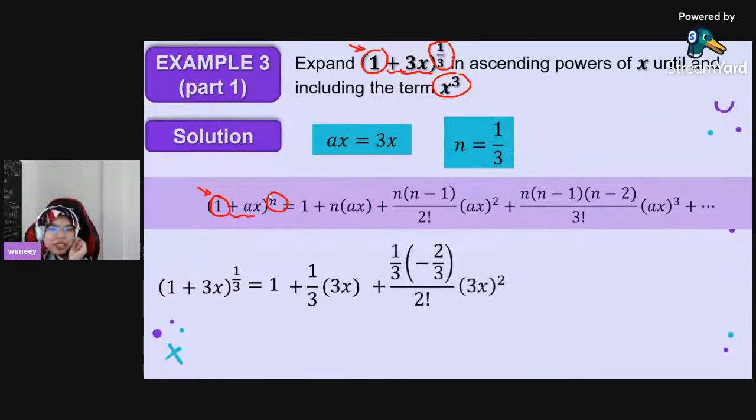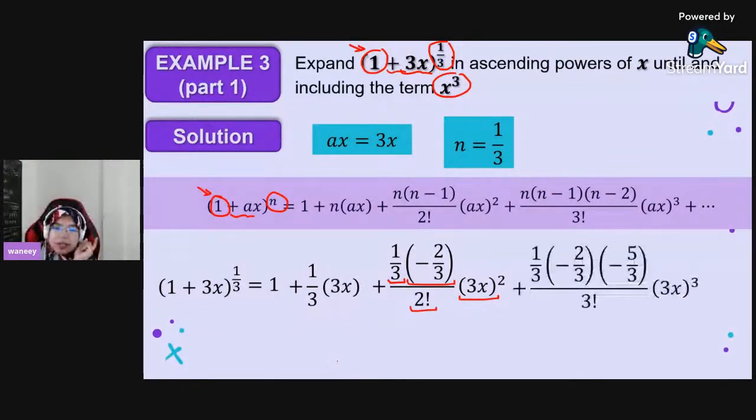What is n? n is 1 over 3, and 1 over 3 minus 1 gives negative 2 over 3, divide with 2 factorial, and then ax squared.